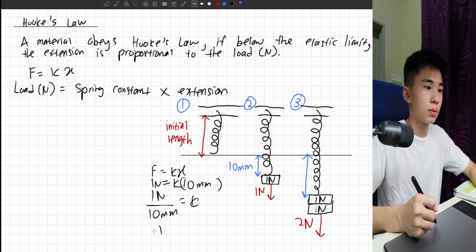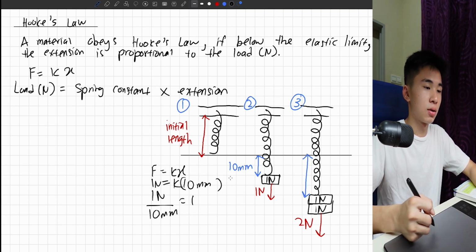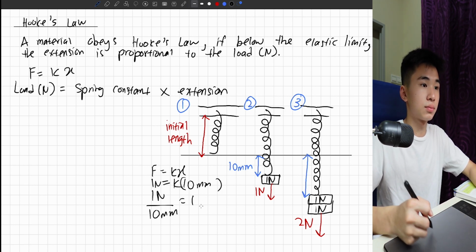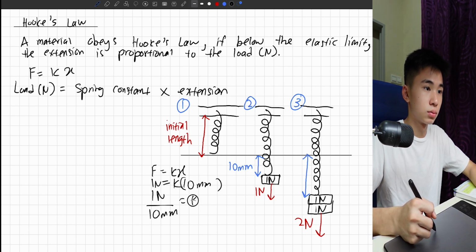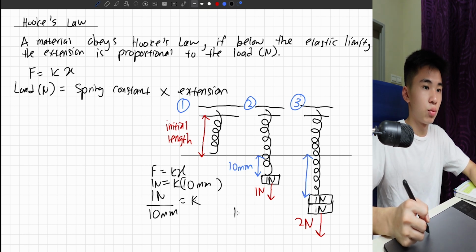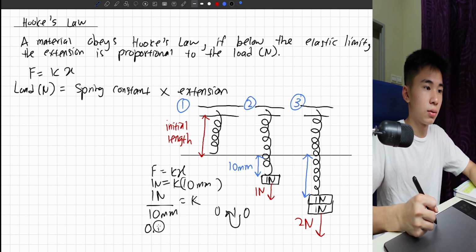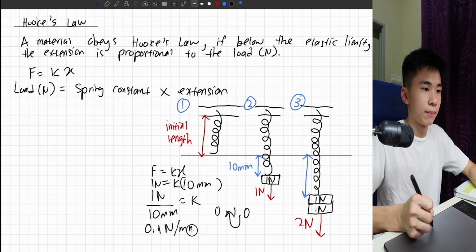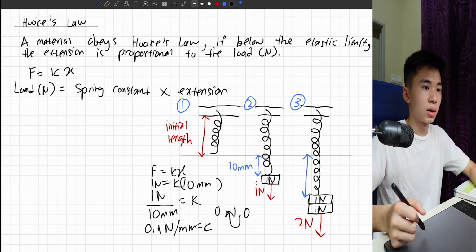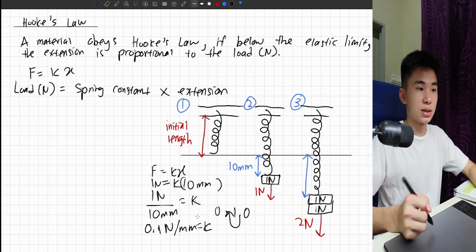So 1 over 10, and if you divide by 10, you get 0.1 Newton per mm. Okay, so this is the constant.